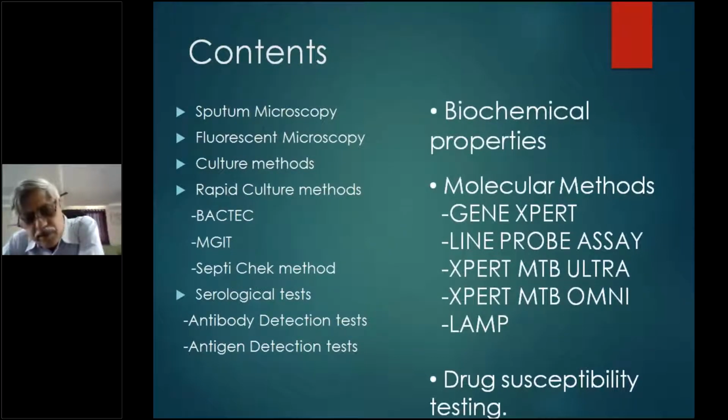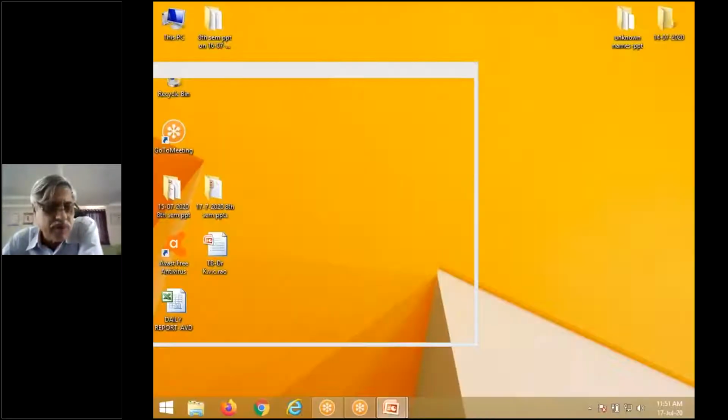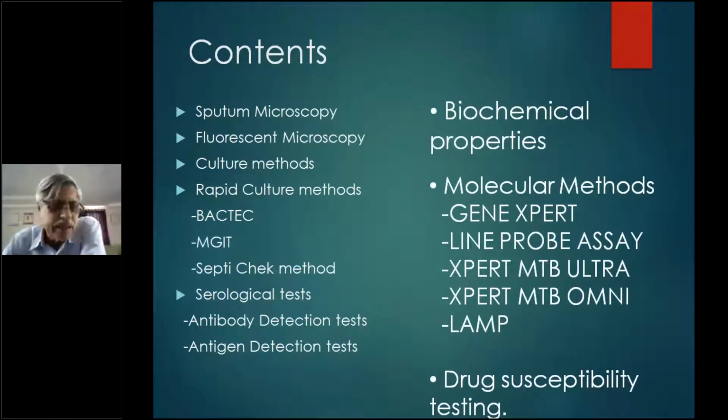For pulmonary, of course, sputum. For extrapulmonary, like meningitis, you can send CSF, and you can send lymph node material, biopsy material from the intestine, and ascitic fluid. You can send any of these specimens.